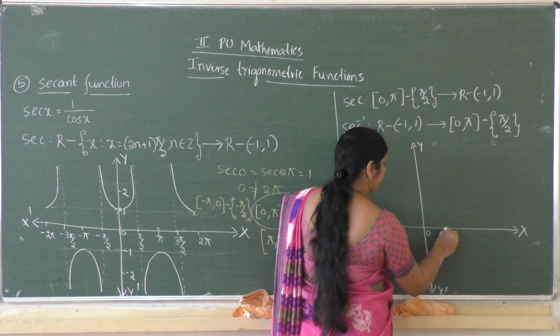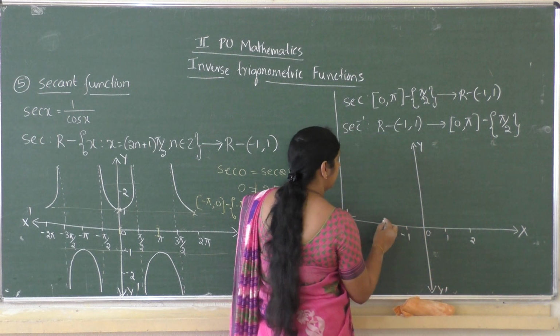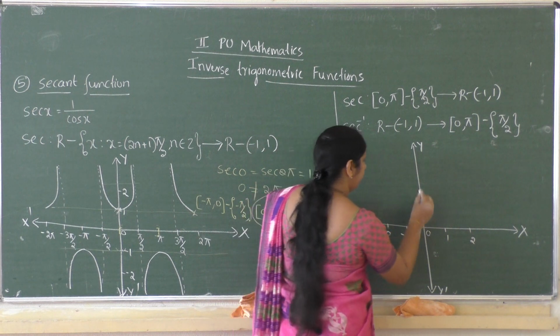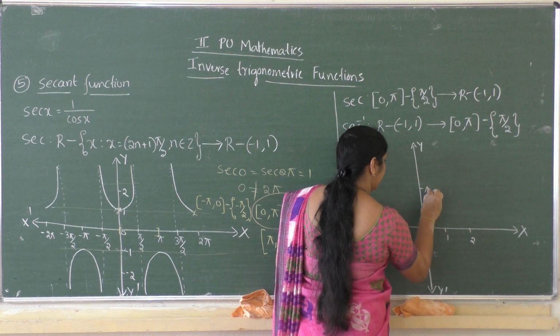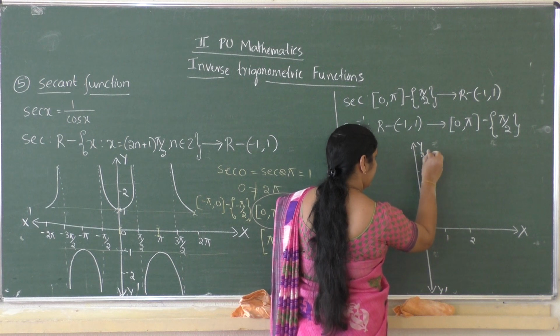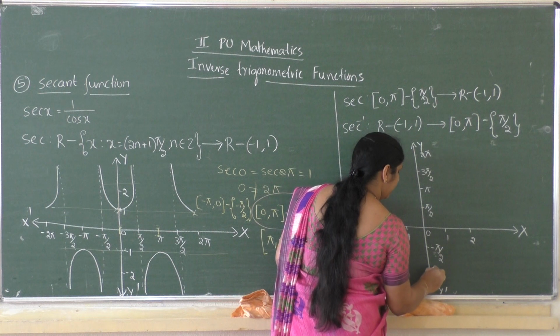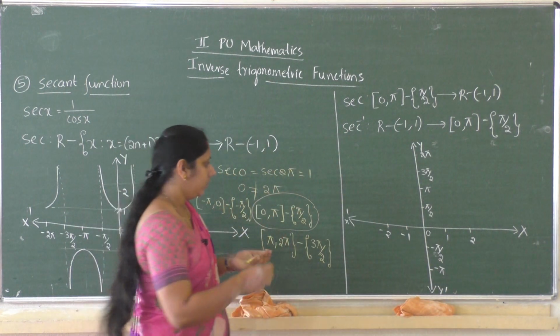So here we have 1, minus 1, 2, minus 2 and so on, and along the y-axis pi by 2, pi, 3 pi by 2, 2 pi, and here minus pi by 2, minus pi, and so on.